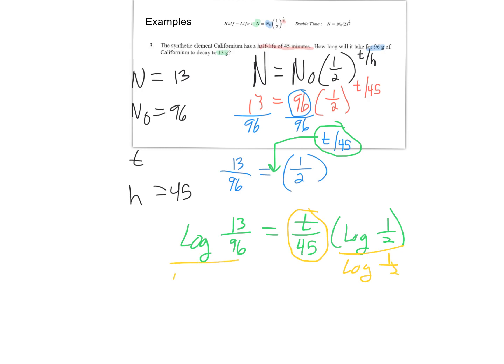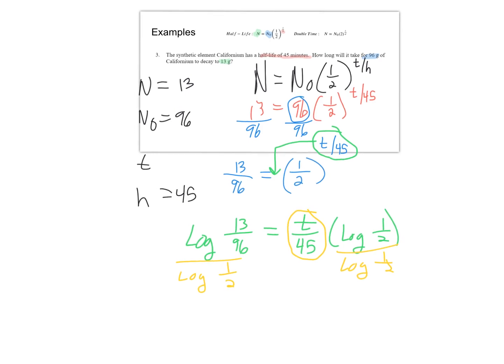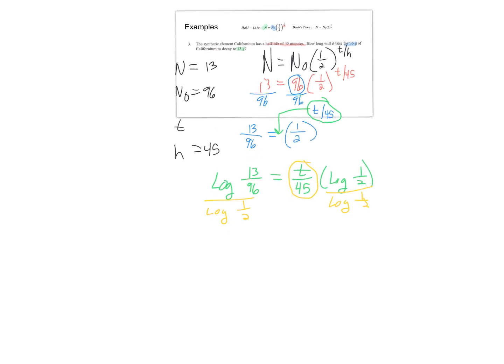And this is where it gets very fun for your calculator. You need to make sure you know how to use it. So I'm going to shrink this while we get ready. Okay. So on my calculator, depending on how your calculator works, some of you may have to type in 13 divided by 96 and then hit the log button.